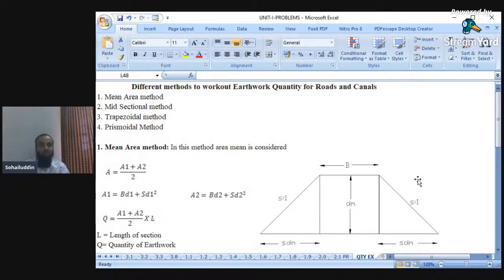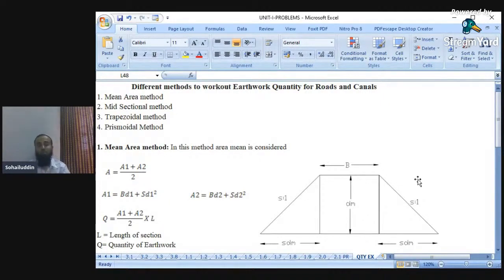You have heard of the trapezoidal and prismoidal methods in M1 and M2 also. It is just odd-even calculations, where some parts are multiplied by 2 for odd numbers and by 3 for even numbers to find out the quantity.